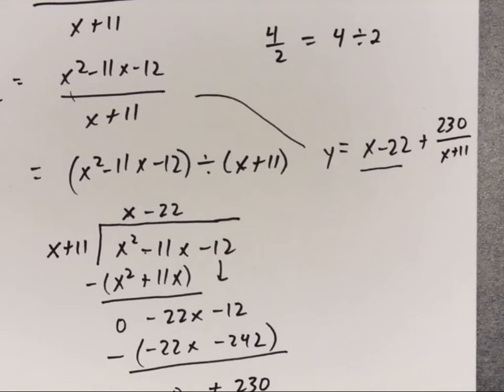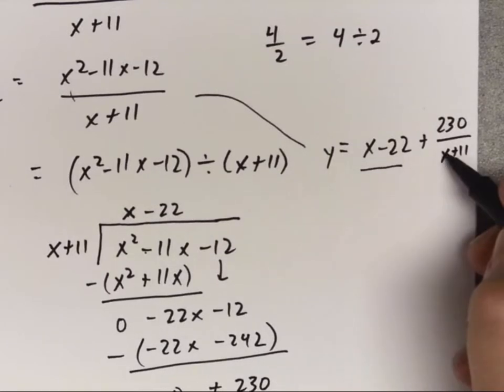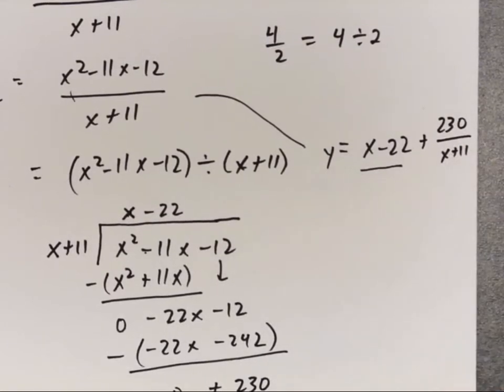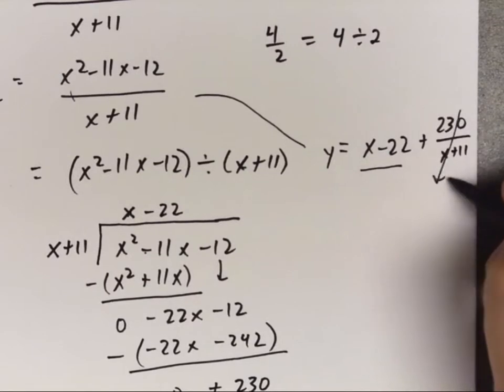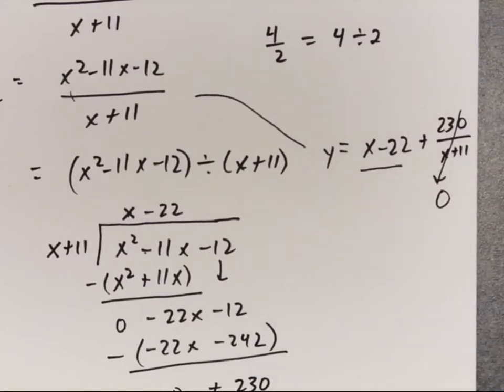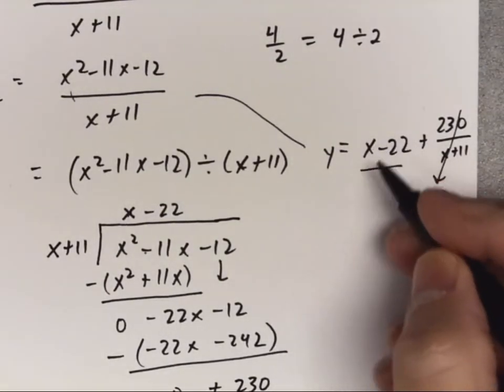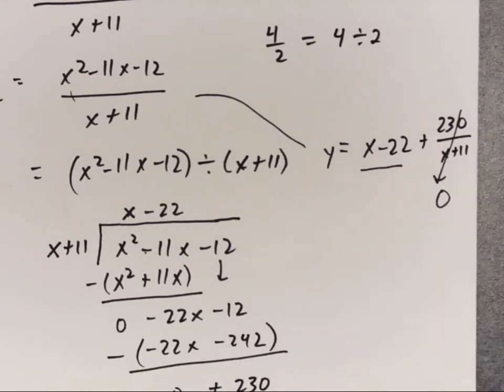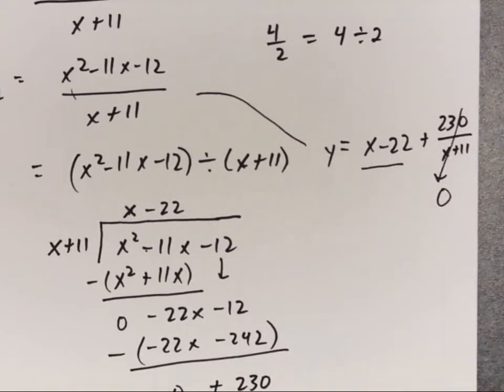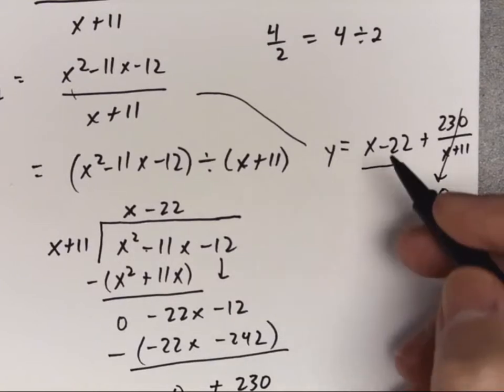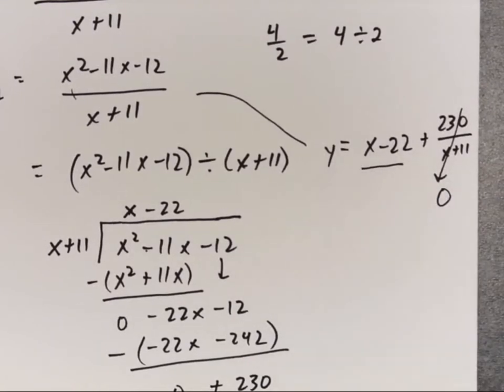But when you think about end behavior, if x gets to be a large number, since I've got an x in this denominator, it sort of goes away. And I end up with an asymptote, which is a diagonal line. It's not a horizontal line, it's not a vertical line, it's diagonal. And it's y equals x minus 22.